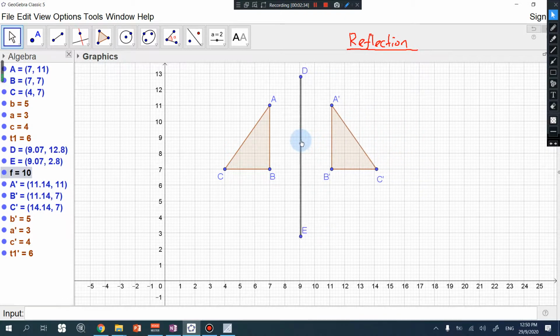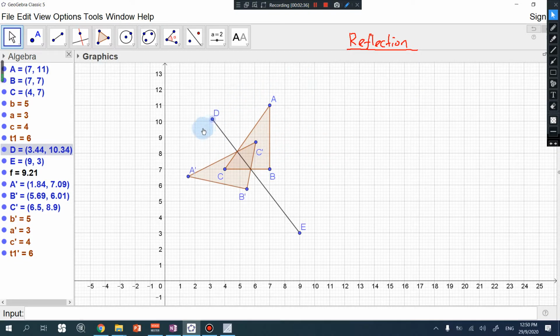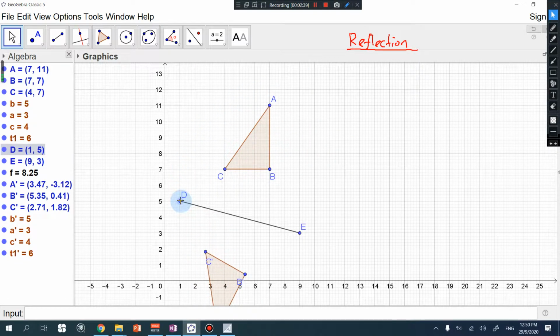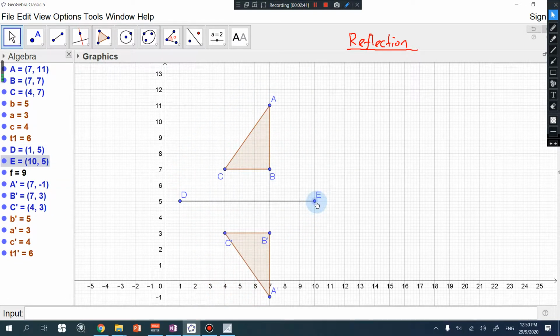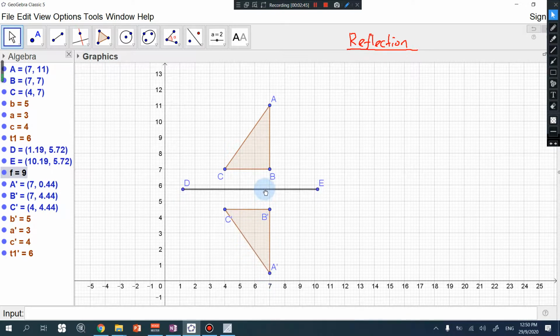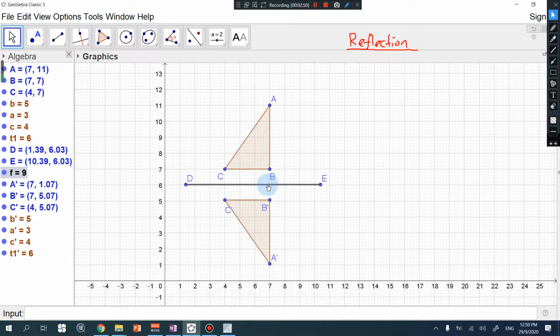So you see, if I place it horizontally, like this, the image will go here. Make it closest to the object. Right, so this image will move up as well.